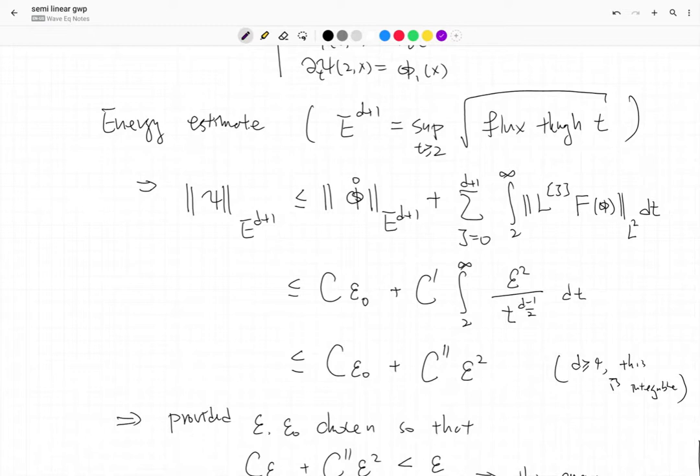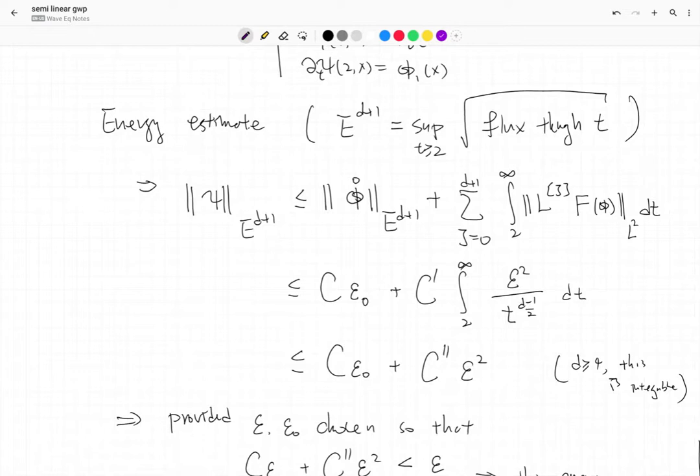plus the integral from 2 to infinity of Lj acting on F. This is basically just taking the L2 of this.